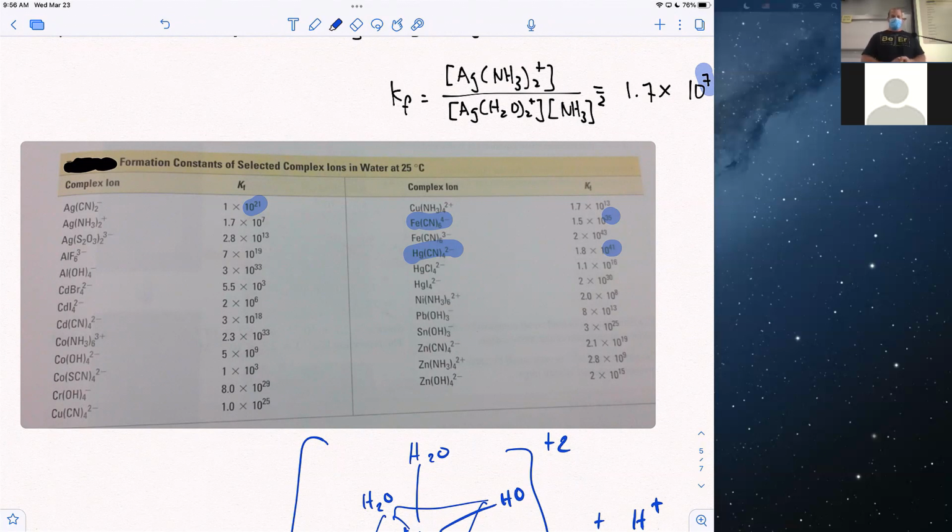People pan for gold: they run the silt through a trap and dissolve everything away, and if you do it over and over again, you get gold dust. That's one way, though we've pretty much captured almost all of the gold dust, right?